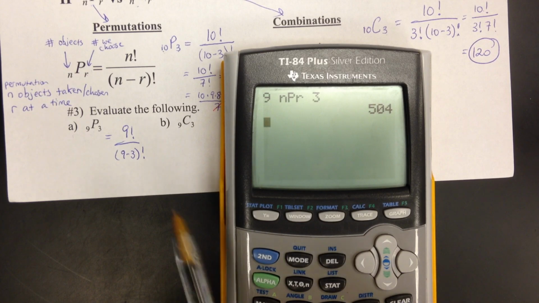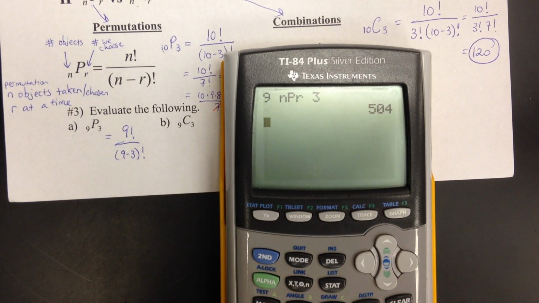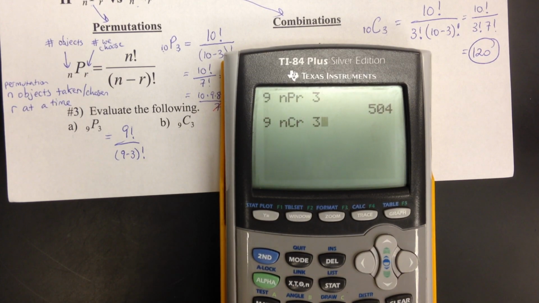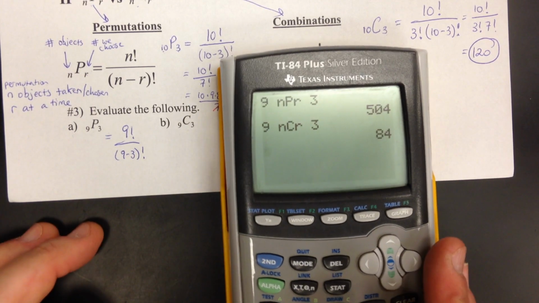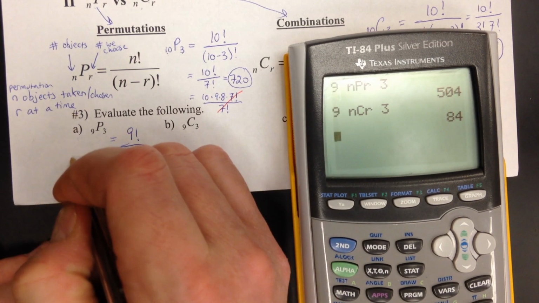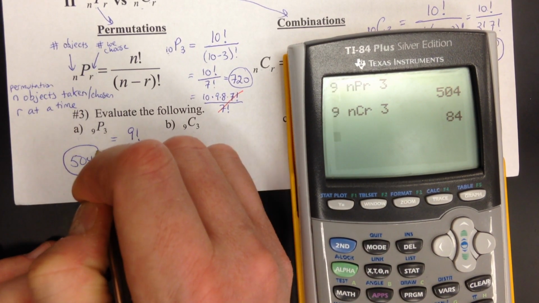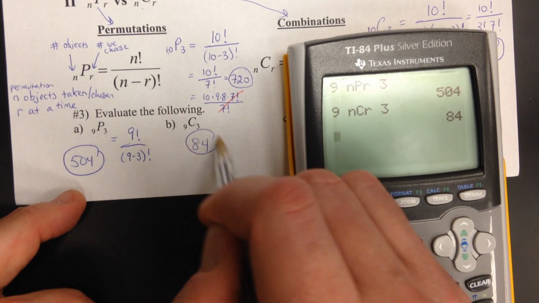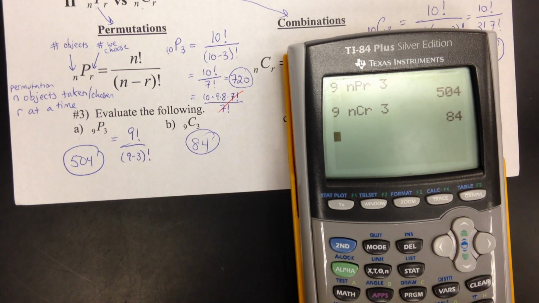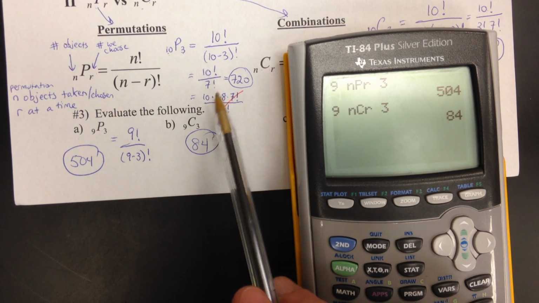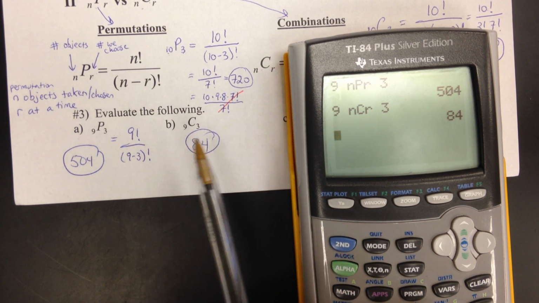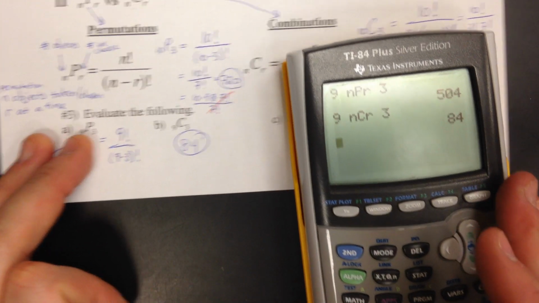And then for part B, which is 9C3, is 84. So we get 504 for part A, and then we get 84 for part B. I'm not as concerned with us doing the calculation, more with understanding when would it be permutation, when would it be combination, and that's what we're going to look at on the back.